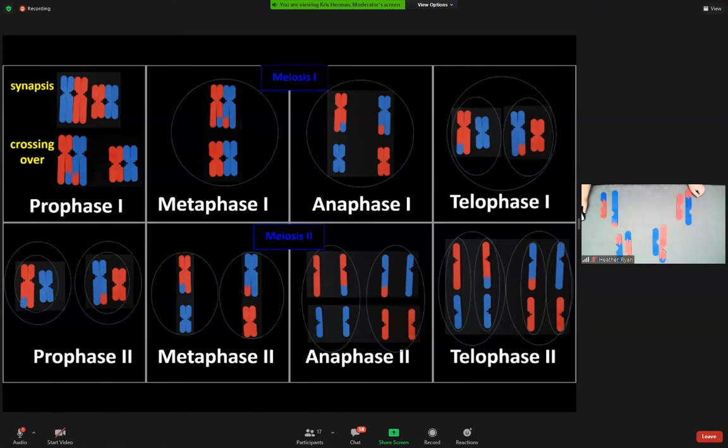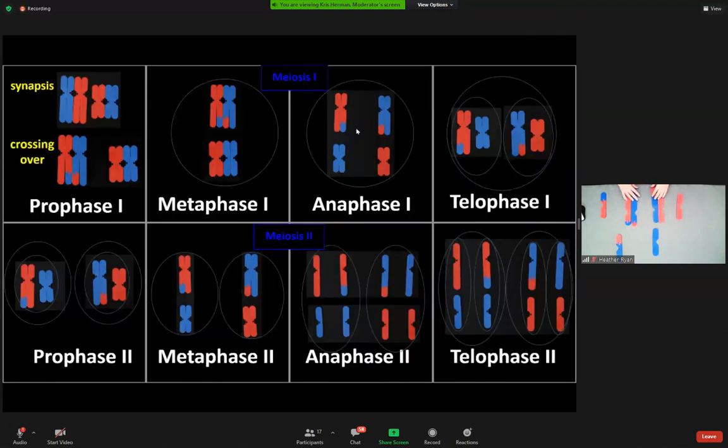The way they're arranged on that metaphase plate could be in this orientation where you have 2 maternal chromosomes on the left and 2 paternal chromosomes on the right. And then anaphase 1 is where I call chromosome divorce, where those homologous chromosomes separate and their sisters are still together, but the maternal and paternal chromosomes now are separated.